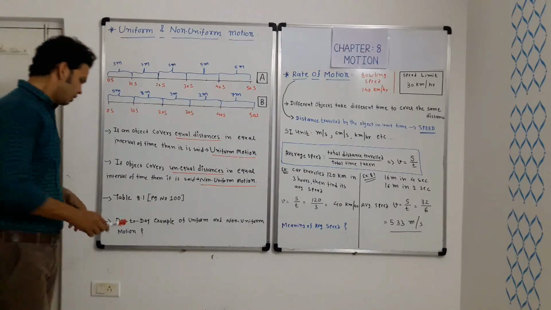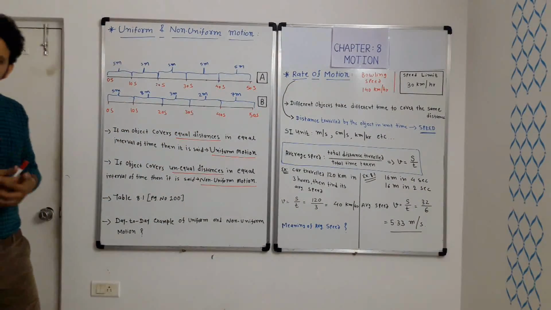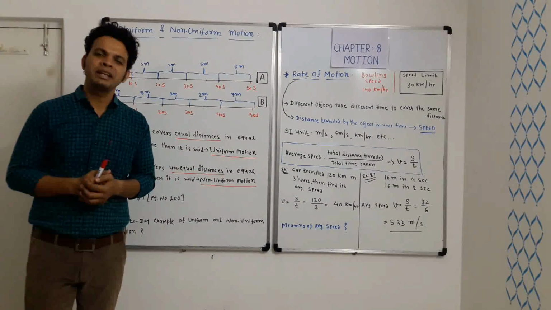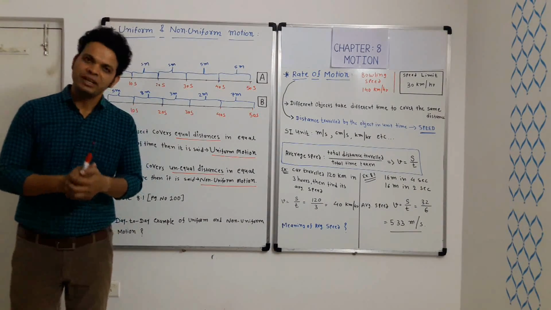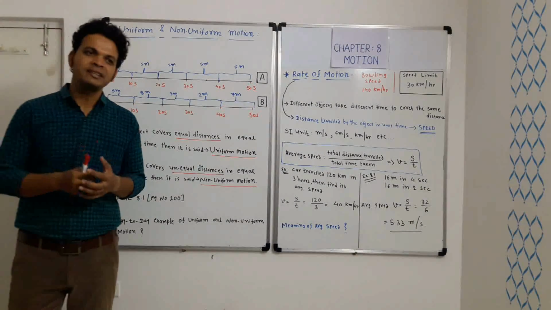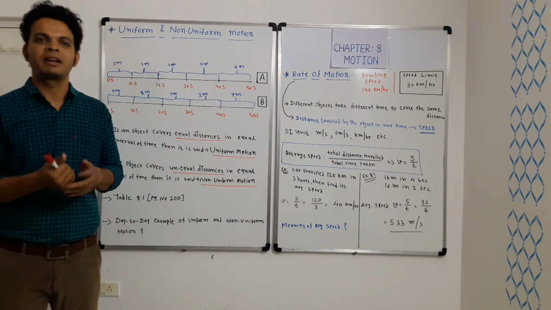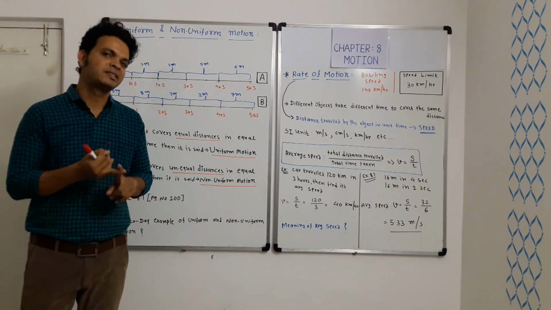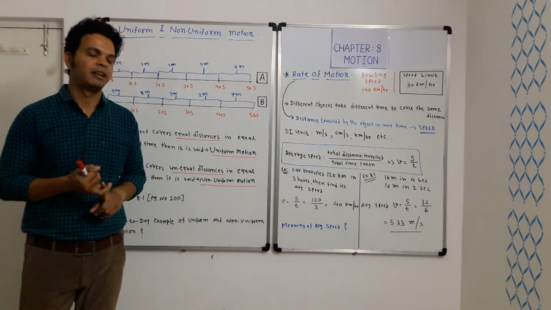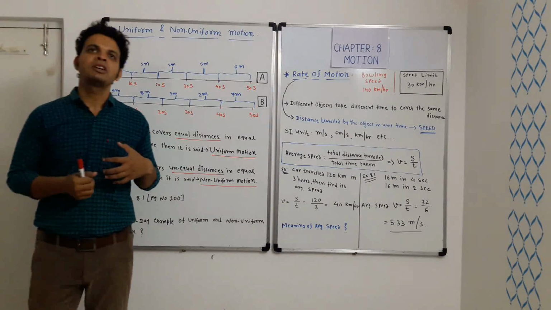So can you give some day-to-day example of uniform and non-uniform motion? Can you think, can you guess? Okay, generally we can experience that in day-to-day life the motion of a vehicle, our car or our scooter, is generally non-uniform. And why is it so? Because let's say I have to go to the market.